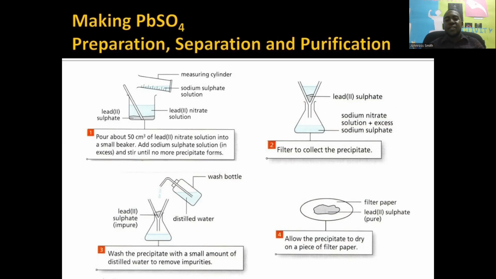The purpose of this is to remove any impurities, any remaining sodium sulfate, any lead nitrate that would not have dissolved, anything that is not the lead(II) sulfate, so we only have lead(II) sulfate. After that, we dry it on a filter paper or any container that we have. So we have pure lead(II) sulfate as an insoluble salt.